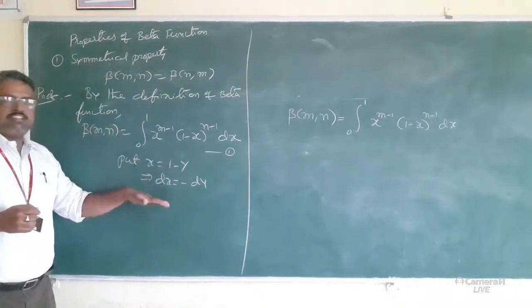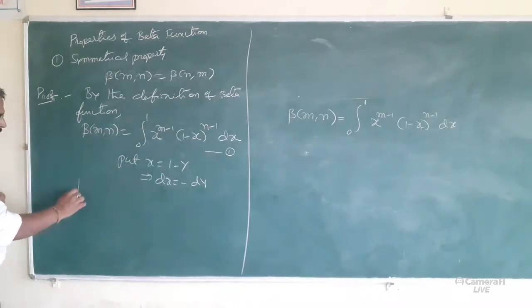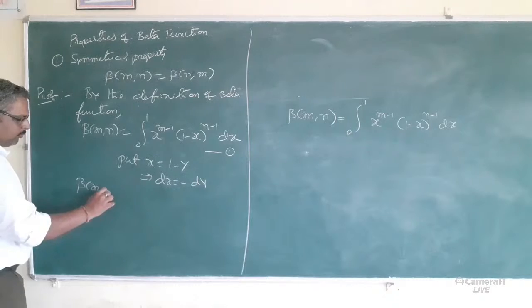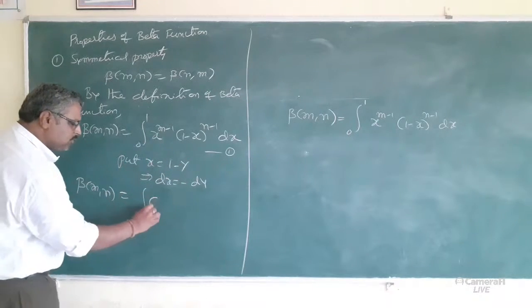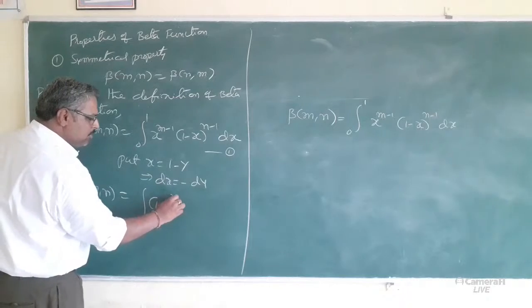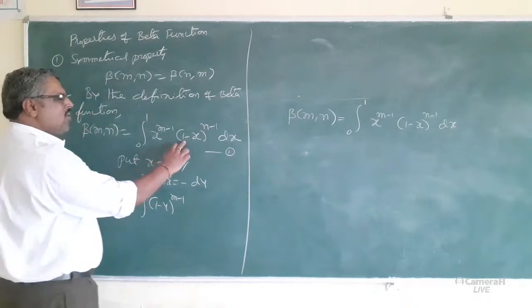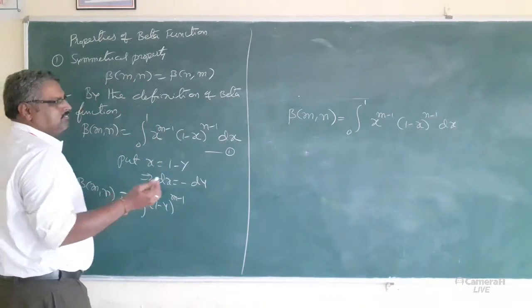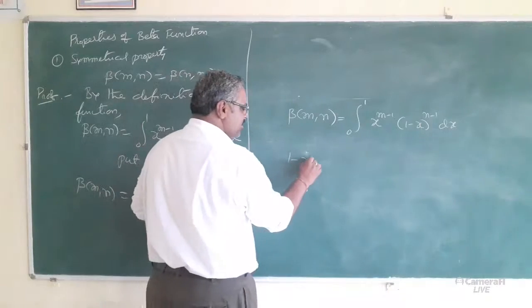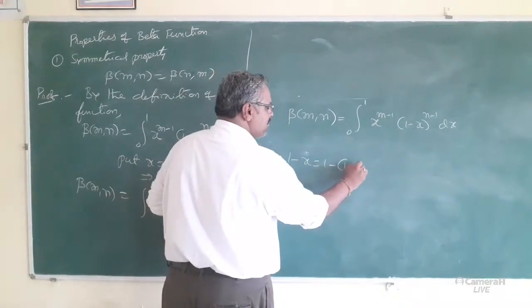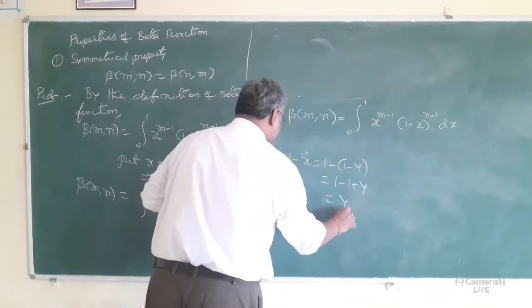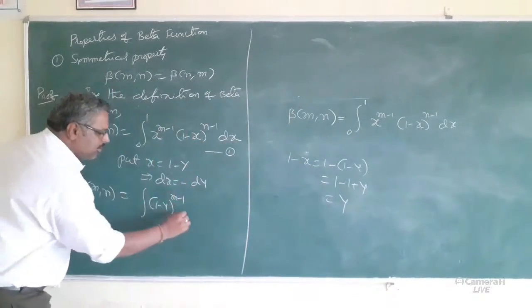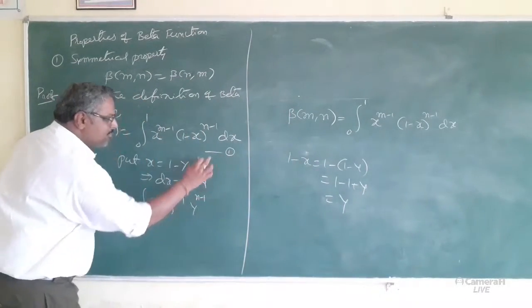Suppose you substitute these in the beta function, beta m n equals integral of 1 minus y whole power m minus 1 into 1 minus x, which is 1 minus (1 minus y). 1 minus 1 plus y is nothing but y. This term is nothing but y power n minus 1.